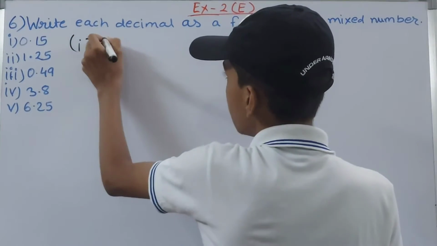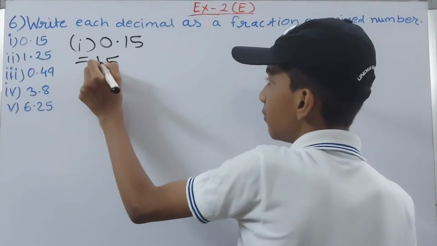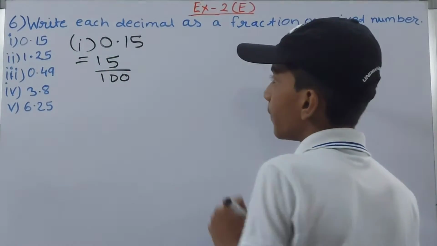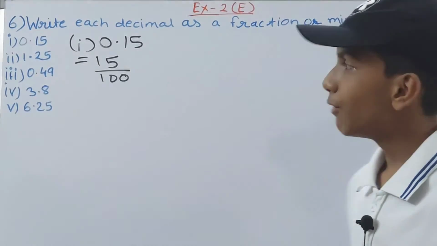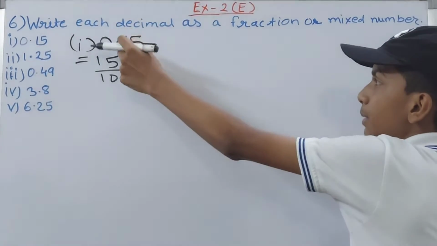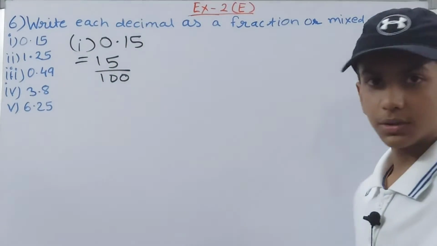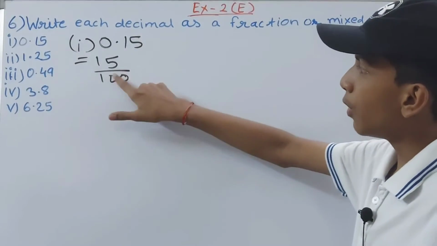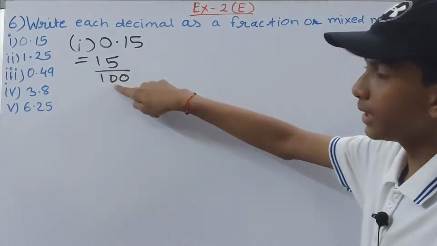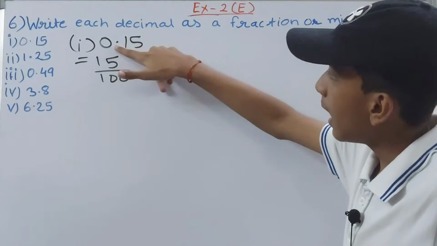First is 0.15. We write this as 15 upon 100, which we can simplify. Why 15 upon 100? Because we remove the decimal point and write the number we get, that is 15, as it is in the numerator, and in the denominator 1 followed by as many zeros as there are places after the decimal.